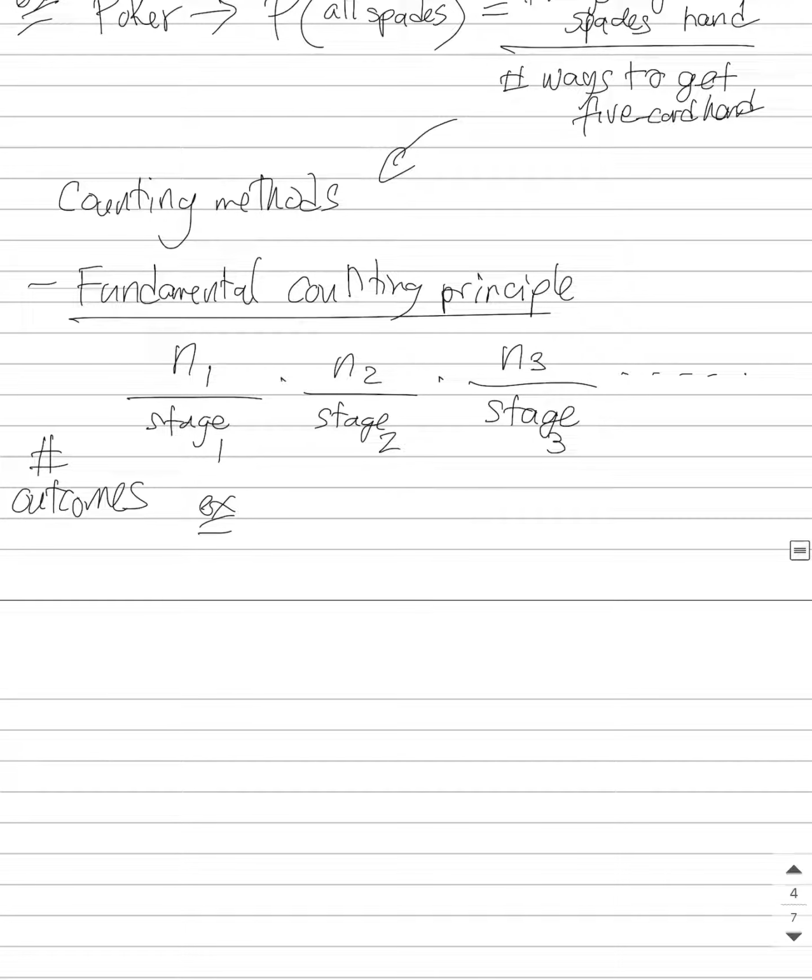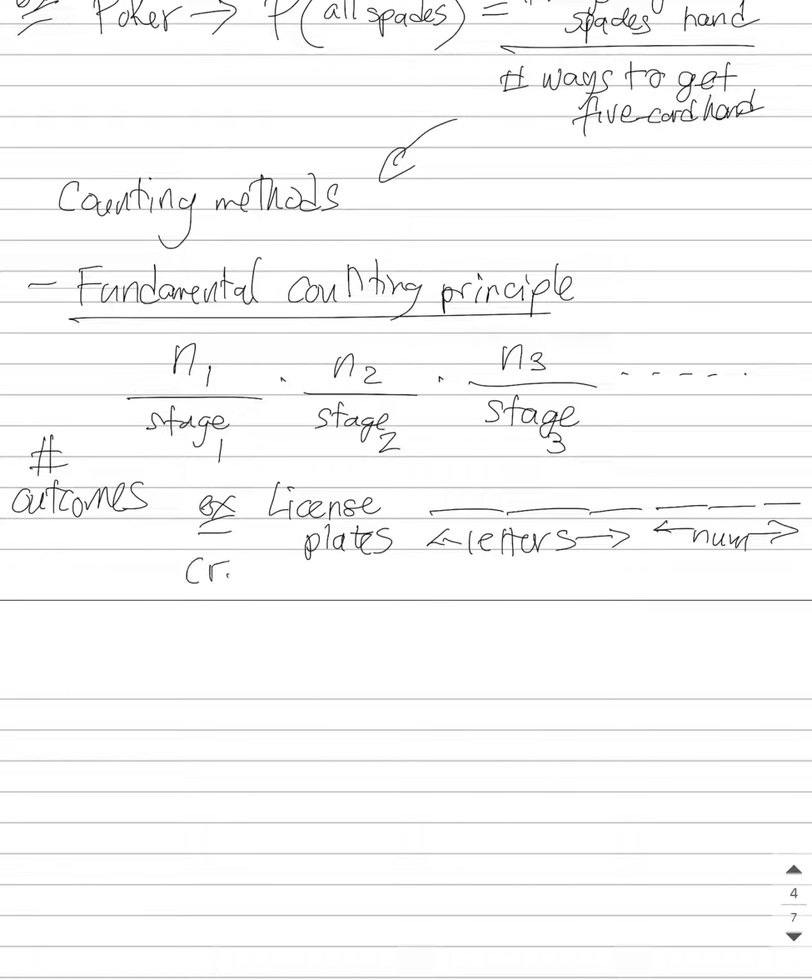As an example, some license plates used to be given, or still are given, by 3 letters and 3 numbers. If I'm allowed to repeat letters and numbers, in the English alphabet there are 26 letters that I could choose for the first slot. If I'm allowed to repeat them, then I can choose another 26 letters for the next slot, and another 26 for the third.